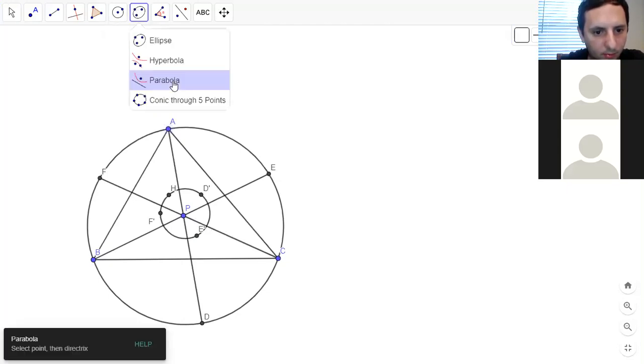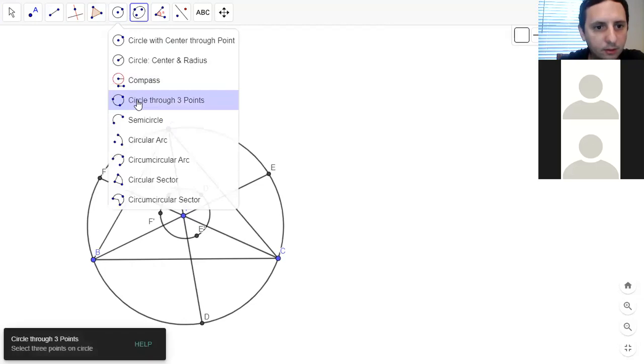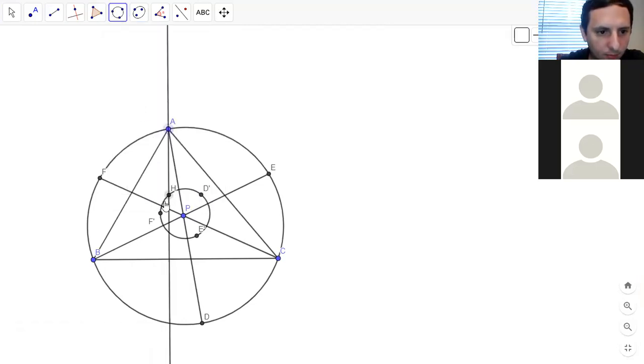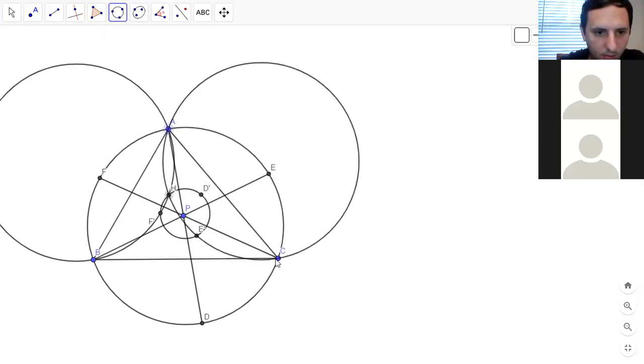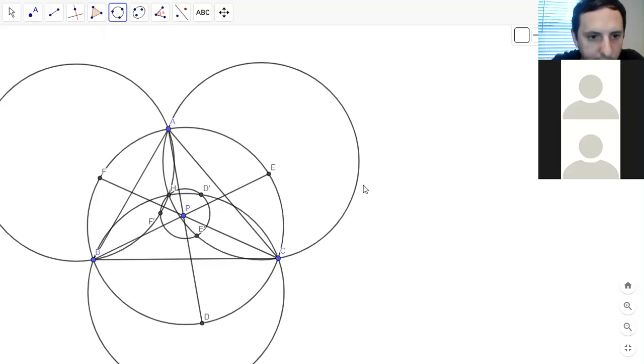AH F prime B. Okay, because of reflection. Oh yeah, because you're taking A, F, and B and you're reflecting. So that's cyclic, and similarly the others are also. Okay, so those are all cyclic. Maybe it's just like an angle chase from this point. I'm not sure. I don't know if it's that easy.